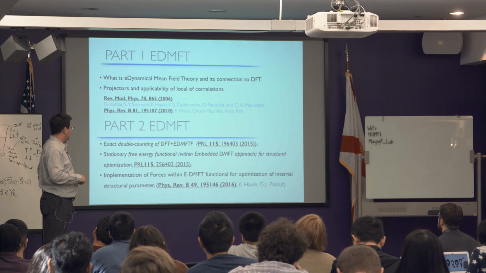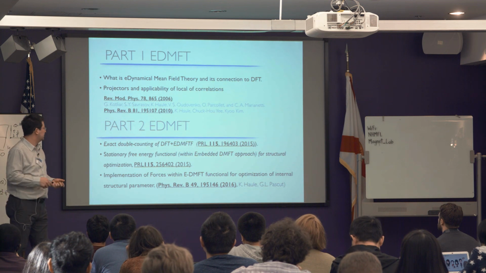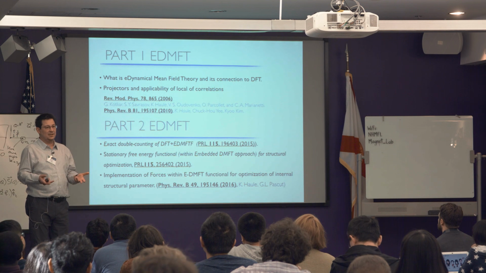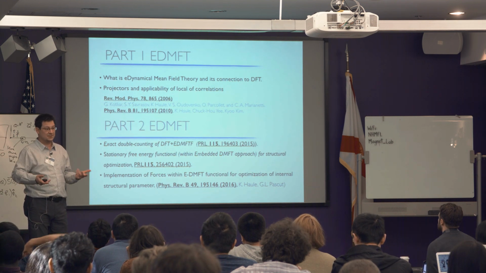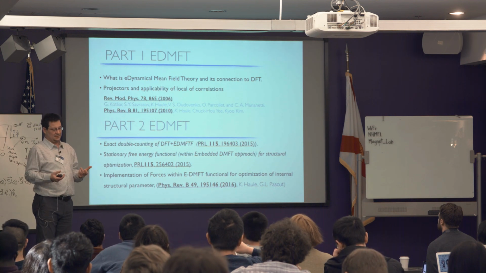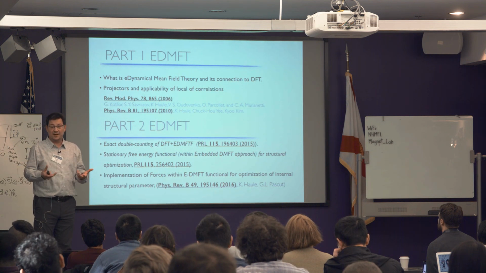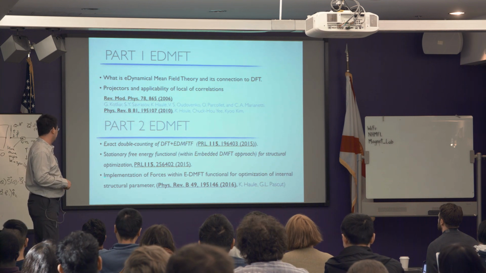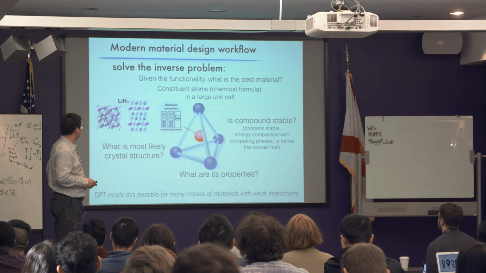The important point here is that we need to work with the so-called stationary free energy functional, with which we can calculate forces on atoms, and this allows us to calculate equilibrium, optimized crystal structures, which is very important because it turns out that your properties change dramatically with the change of the crystal structure. I mean, that's an extremely important area. And hopefully we're going to discuss the forces a little bit tomorrow.